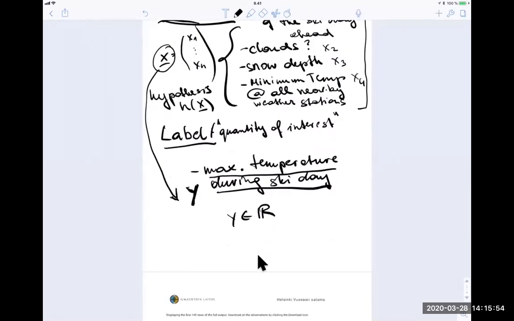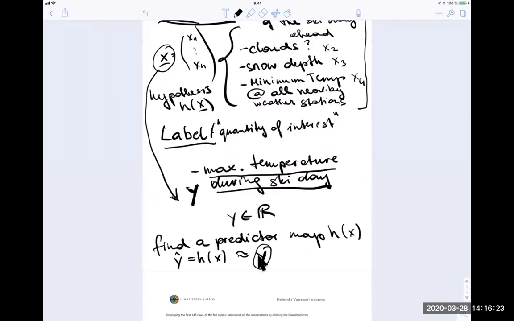So the machine learning problem here is: find a predictor map, let's call it h, such that the output, which we call y hat, the predicted label, is a good approximation to the true, the actual maximum temperature during the ski day.